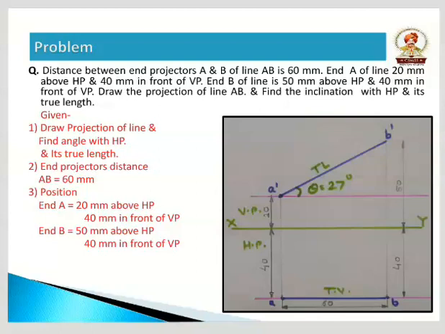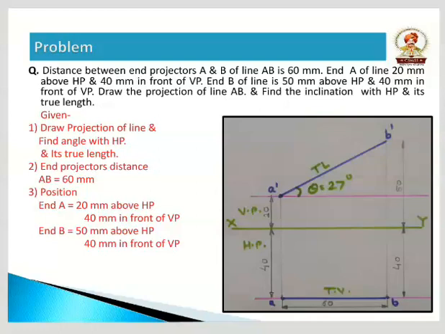End B of line is 50 mm above HP and 40 mm in front of VP. Draw the projection of line AB and find its inclination with HP and its true length.